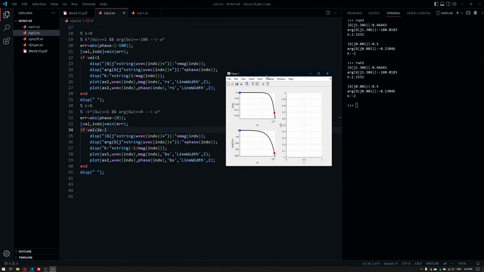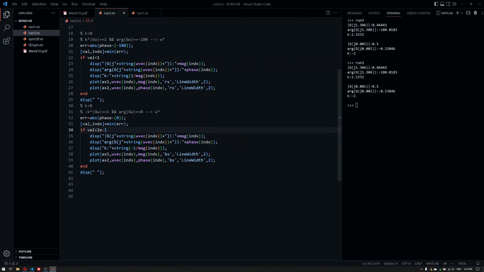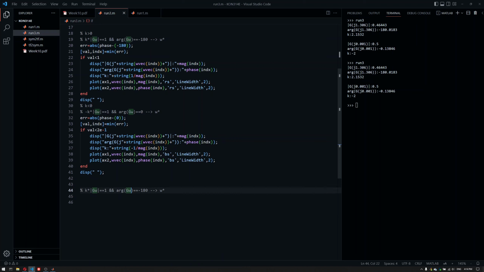There we go. Now we can see that the magnitude values drop down quite a bit. The stability boundary is within a certain limit, and the reason behind that is the following. We have basically this equation here, but now we also have e to the power of minus 2s, or 2j omega.